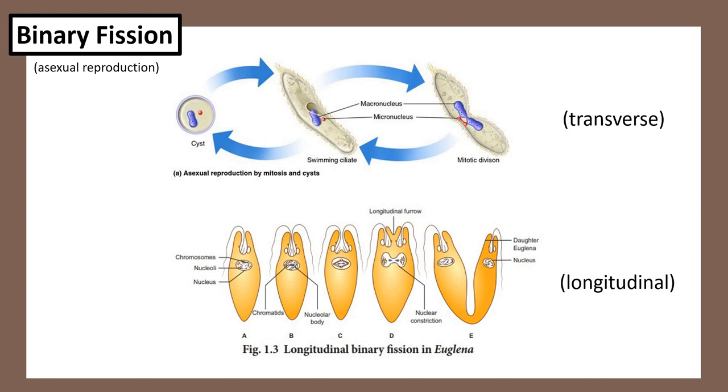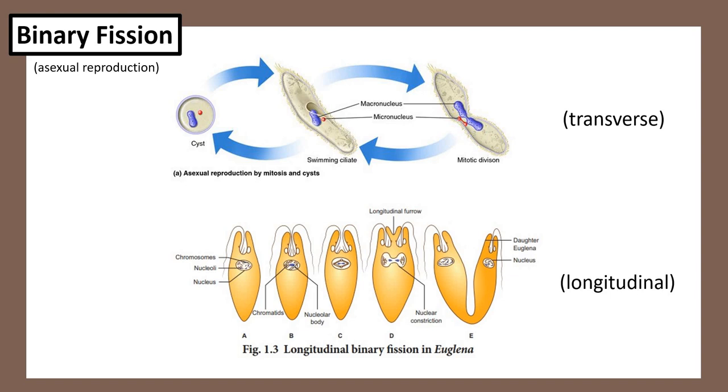You also will notice up on the top the mention of this cyst, and this is just a form that a lot of microorganisms take whenever they are in a situation where they would die.